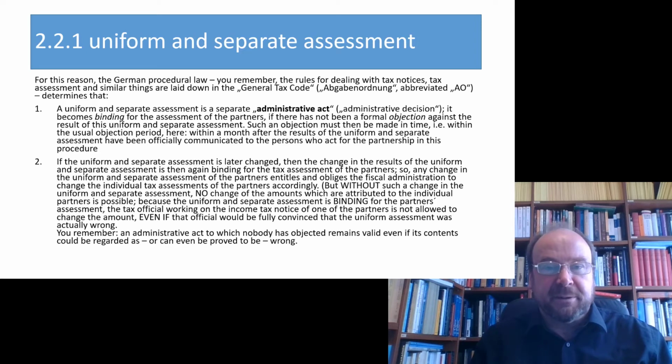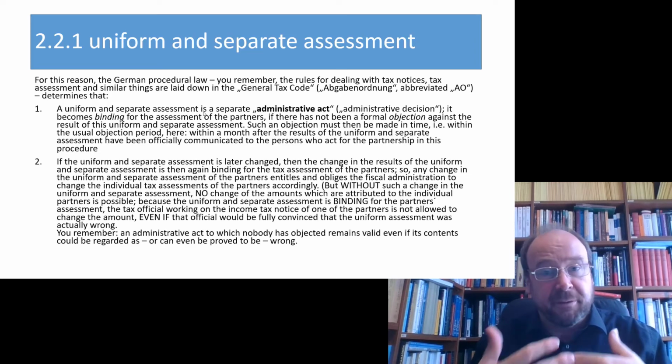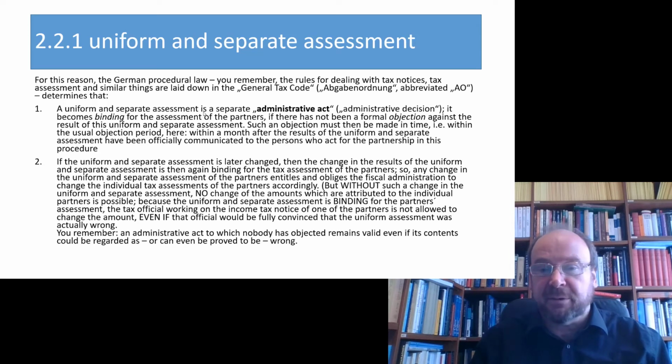Again, a tax notice can only be changed under very restrictive circumstances. The same applies for the Uniform and Separate Assessment. If you want to have it changed later and you have a good reason, or if the authority wants to change it and has a good reason, for example, they detected tax fraud, then it is again changed, and then again the changed assessment will be binding for the individual tax computation, tax assessment of each individual partner.